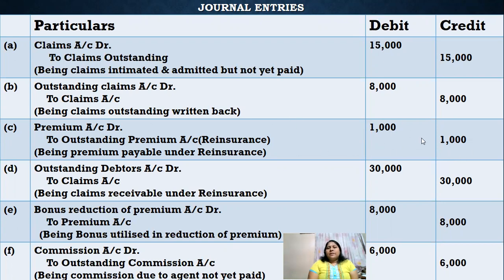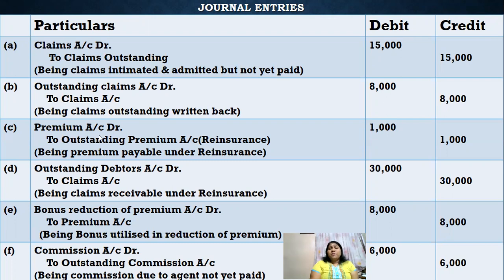Next, if any reinsurance claims are given in the problem, then the journal entry will be outstanding debtors account debit to claims account, being claims receivable under reinsurance. So this is the thing I want to highlight. Whenever any reinsurance recoveries or reinsurance claims information is given, you have to pass this journal entry: outstanding debtors account debit to claims account.